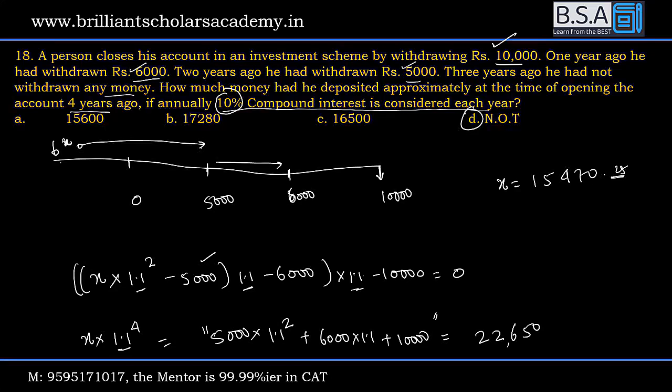Complete the calculation, verify my answer through your own calculation. 15,470 rupees. If it is deposited today, 2 years down the line, you can withdraw 5,000, then 6,000, then 10,000.